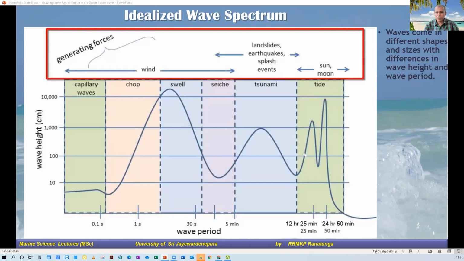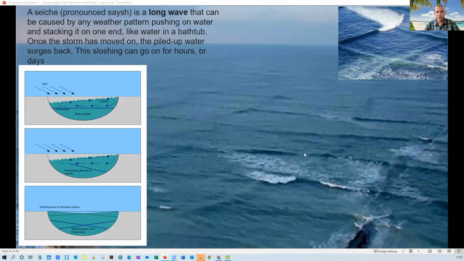So keep in mind that tsunami waves, even the tides, are also types of waves. The difference is that the wave period is different, the wavelength is different, and the destruction may be very different from one to another as well, right? The impact from these waves may also be different, right?